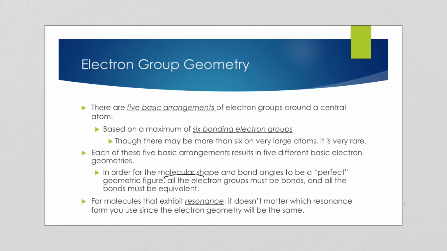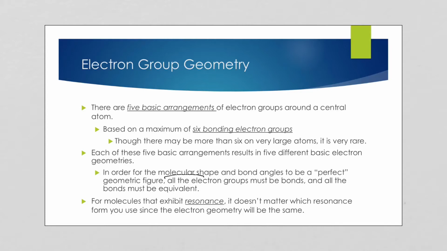Now, if we have only bonds in our electron groups, then we will have one of these 5 basic arrangements, and that will become our molecular shape. Now, if we have lone pairs, then we have additional molecular geometries that can come from these electron geometries. And we're going to walk our way step by step through each of the 5 basic arrangements and all of the molecular geometries that can come from that.